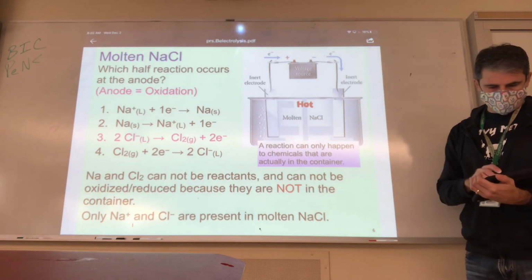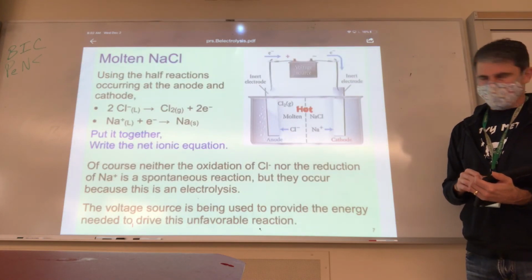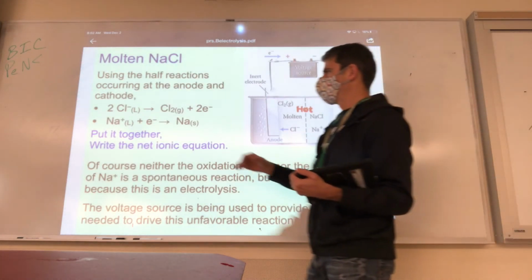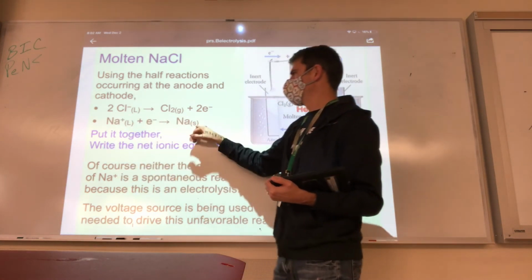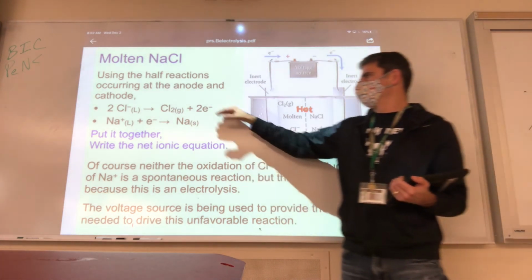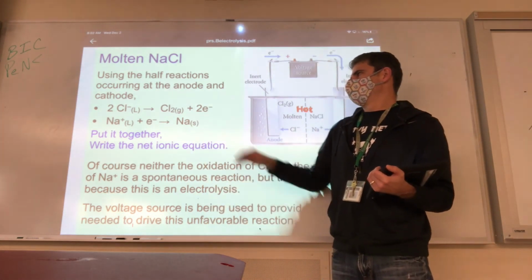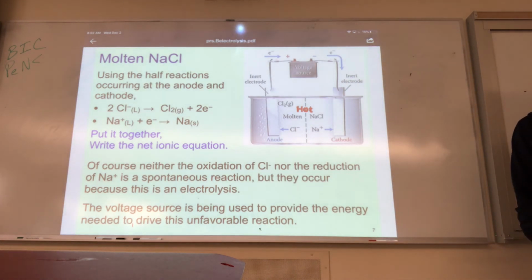And obviously, the sodium ions are going to be gaining electrons to go to sodium solid. So now that we know that we have these two half reactions, put them together and write the net ionic. What would be the net ionic reaction for this cell?